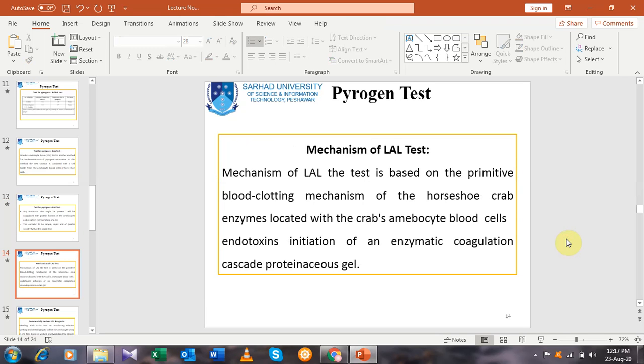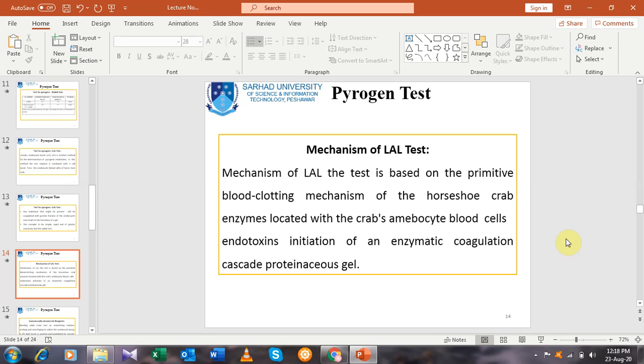Mechanism of LAL test. The mechanism of the LAL test is based on the primitive blood clotting mechanism of the horseshoe crab enzyme. The enzyme located within the horseshoe crab amebocyte blood cell, on endotoxin initiation, starts an enzymatic coagulation cascade to form a proteinaceous gel.